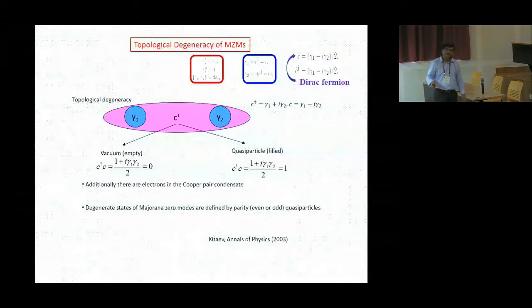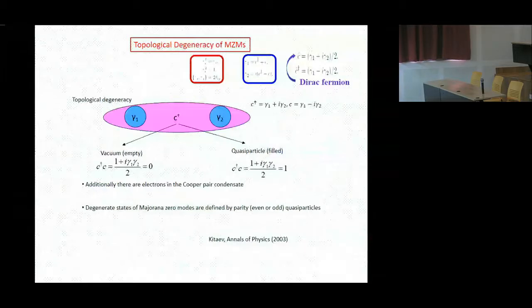But now this conventional fermionic state is at zero energy, because Majorana zero modes are also at zero energy. So it's a linear superposition of two zero energy states, which is a zero energy state. And that conventional fermionic state can be filled or empty. Those states will have the same energy. It's a topological degeneracy and so on and so forth. I'm not going to talk too much about that, but this is the basic property that is proposed to be used in topological quantum computation, non-abelian statistics, and so on.